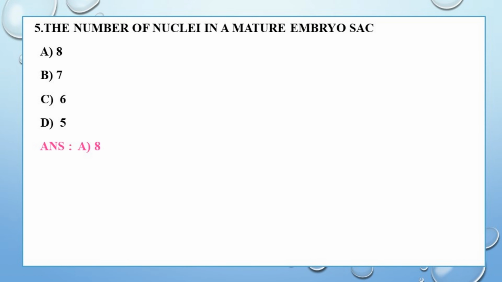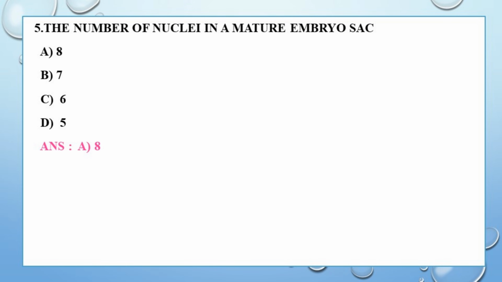Next question. The number of nuclei in a mature embryo sac. Options given: 8, 7, 6 and 5. Let's go for the explanation first. Here you have to recollect the structure of embryo sac and the process, how the nuclei are getting divided.